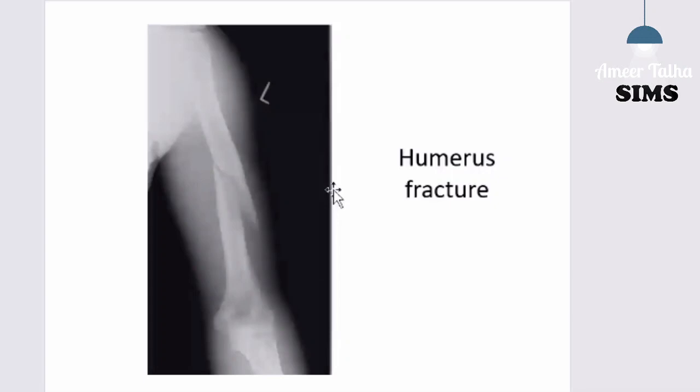As we know, this is showing the fracture of the mid shaft of the humerus, but this area is very much important with reference to the point that it is having the spiral groove or the radial groove, which transmits the radial nerve and the profunda brachii vessels. These are also the contents of the inferior or lower triangular space.